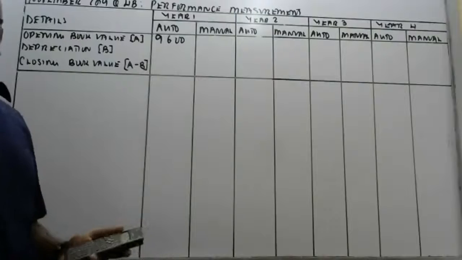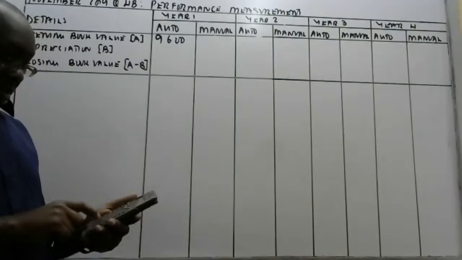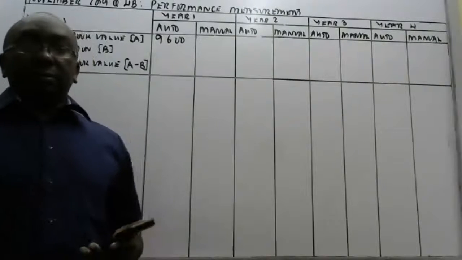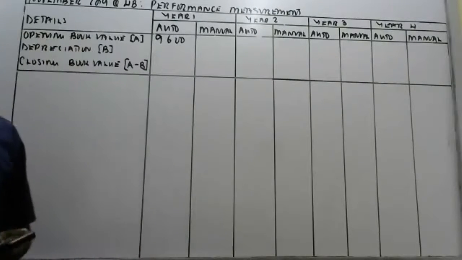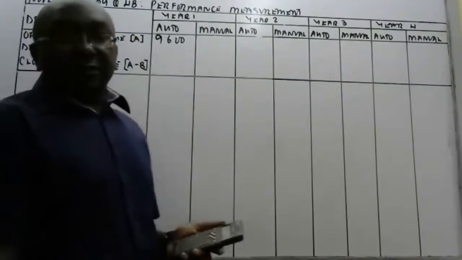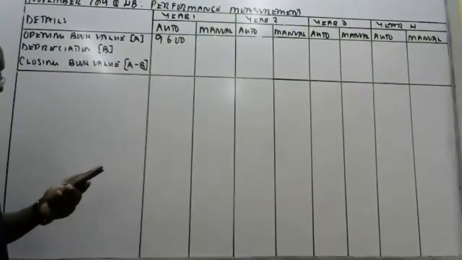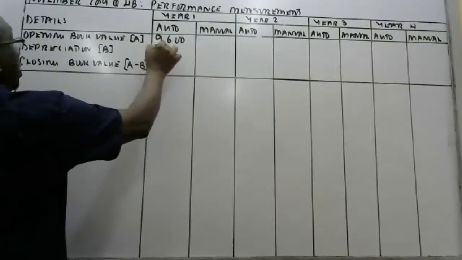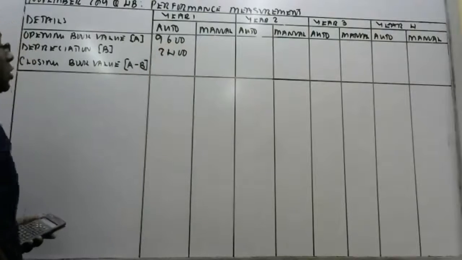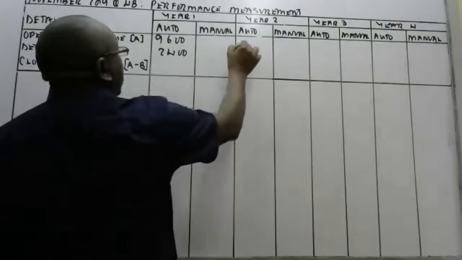Then you divide by 4. 9600, when you divide by 4, what are you getting? Yes, Josephine, I can see 2400. So that 2400 will be the depreciation for that plant every year.